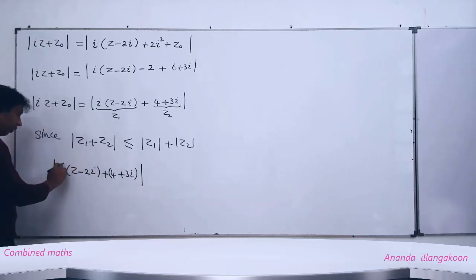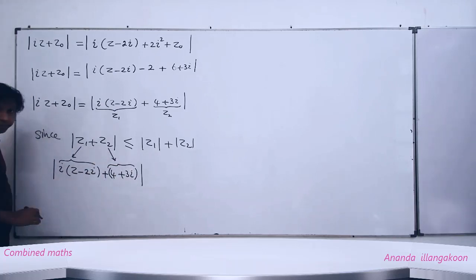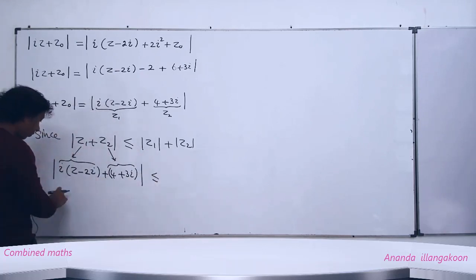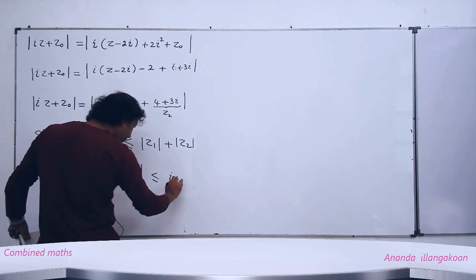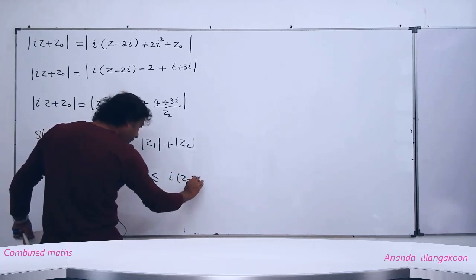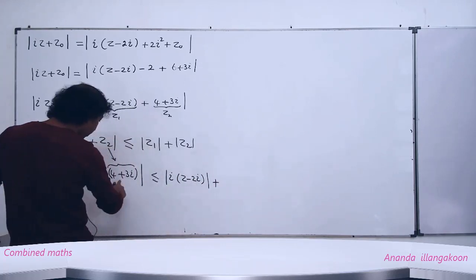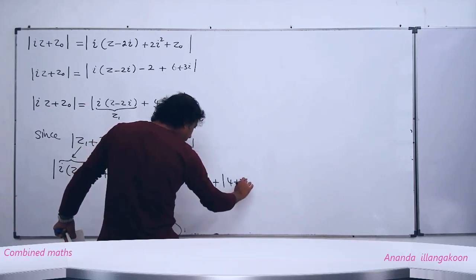This whole thing, z1 plus z2, is less than or equal to mod z1, mod of this i times (z − 2i), plus mod of this, 4 plus 3i.